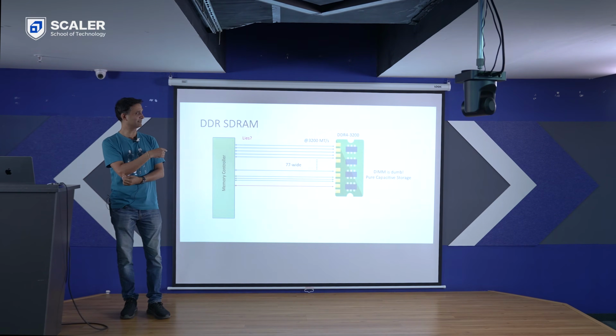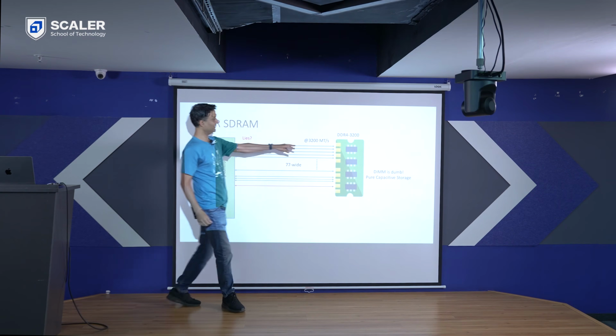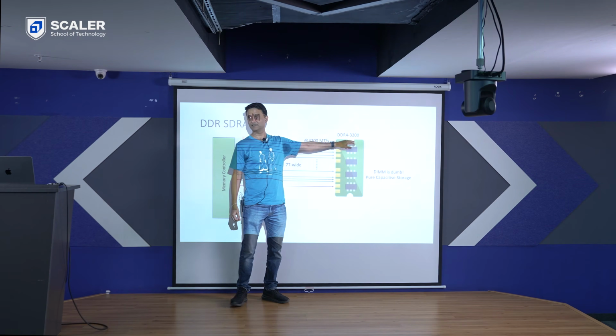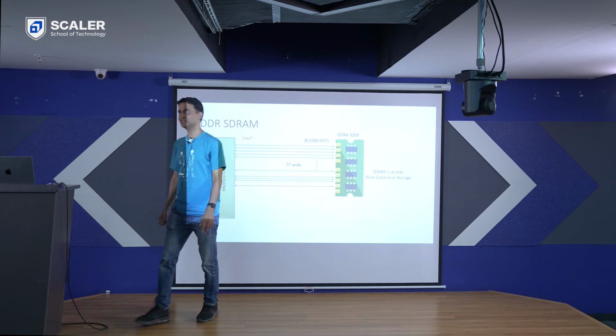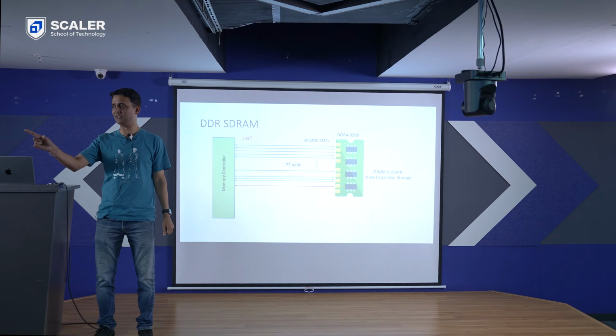It should be lesser. Why should it be lesser? Sorry? What should be 6400? So if the memory module is DDR4 3200, this is the clock speed you're saying. So you are saying that the lie I'm talking about is that in DDR4 3200, the 3200 is actually the clock speed and not the transfer rate.